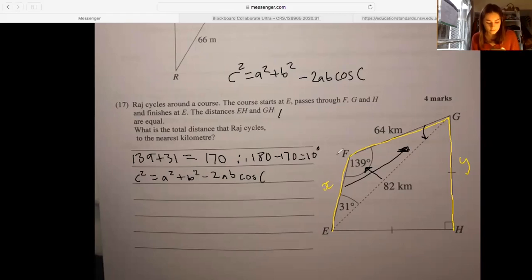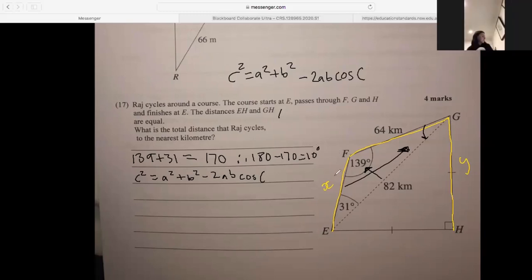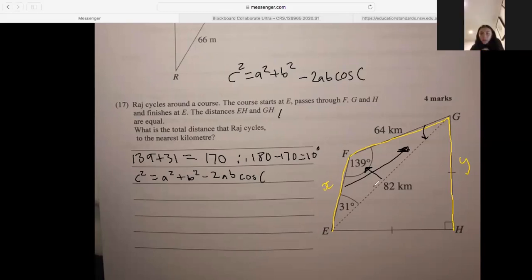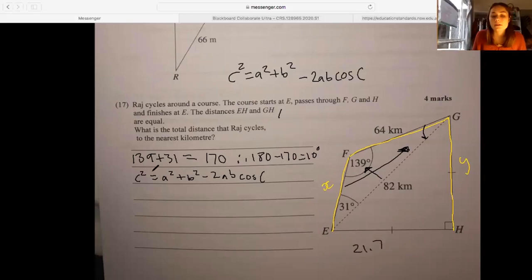And then, yeah, it comes out pretty much the same. If I was to do the sine rule, which is the crossing over ones, this one here, I would get 21.7. And then if I was to do this one here, it came out 21.9. So either way, it equals 22.